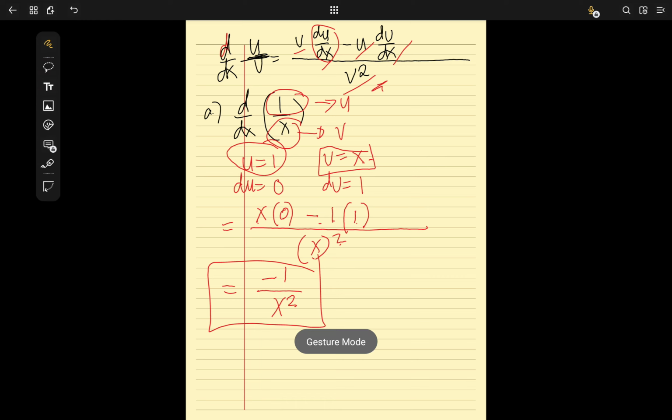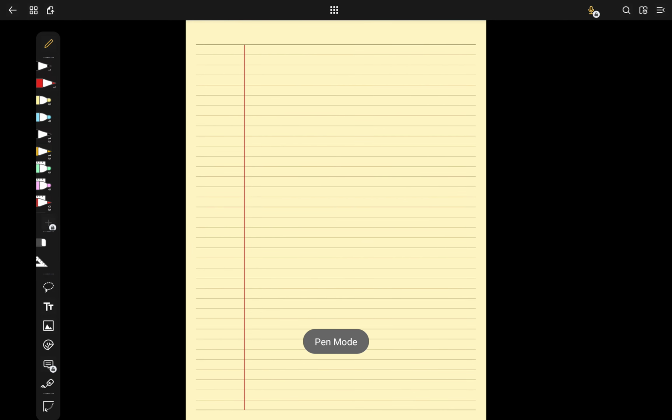Subukan pa natin yung isa. Letter B. Example letter B. Derivative of 2x plus 5 over 3x minus 4. So again, kitang-kita. We are dealing with fractions.